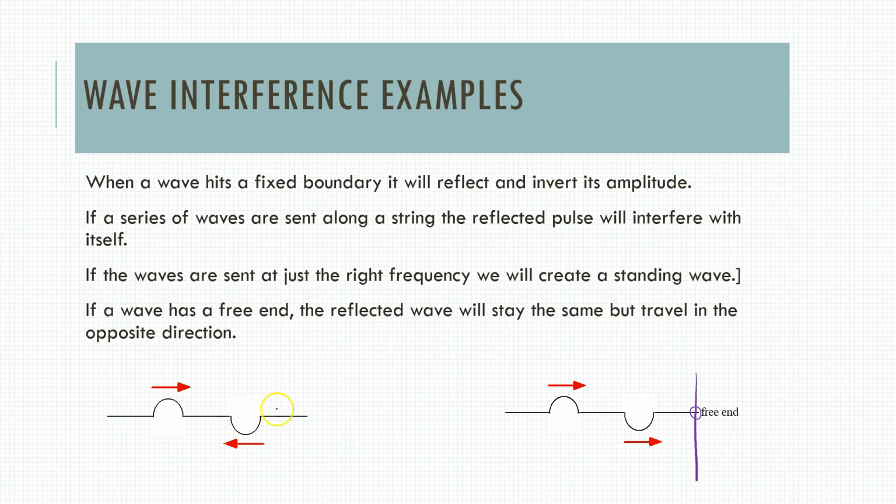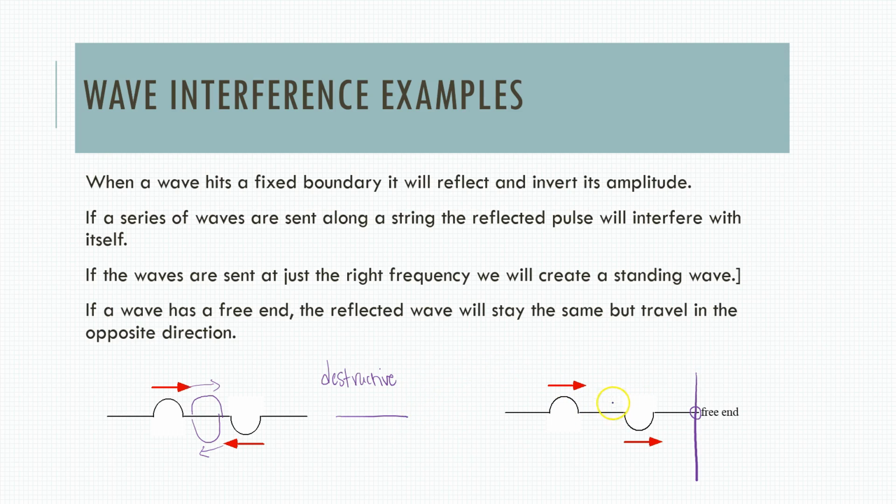Eventually they're going to overlap so that you have the crest and the trough together, and that would be perfect destructive interference. This one's going to move to the right, this one's going to move to the left, and they're going to cancel each other out at this point. So we would end up having destructive interference, and the pattern that it would make is just a flat line.